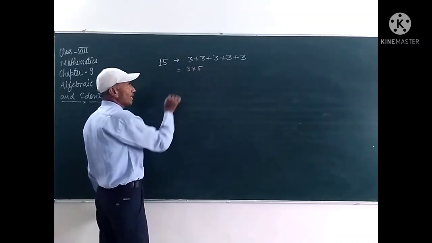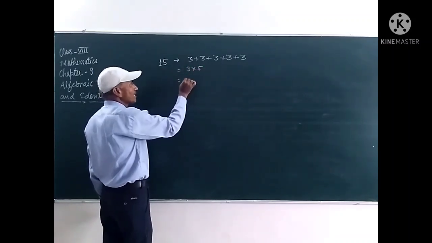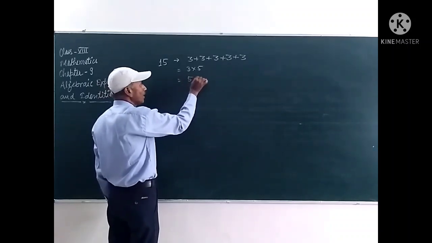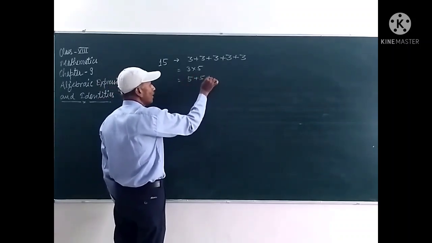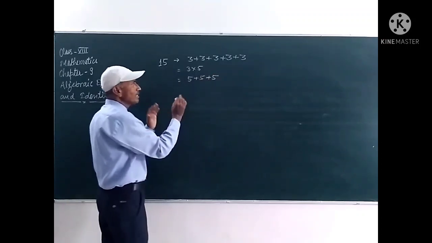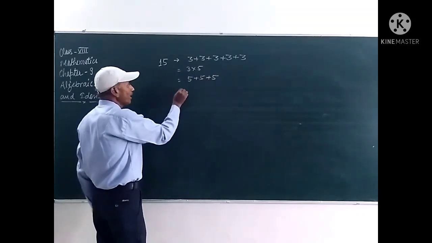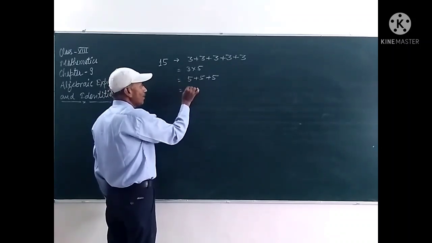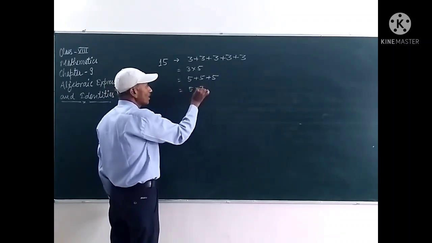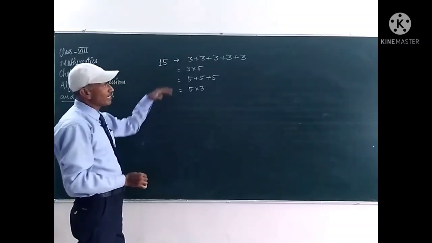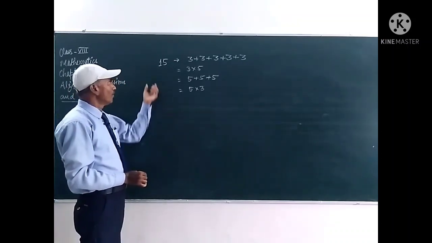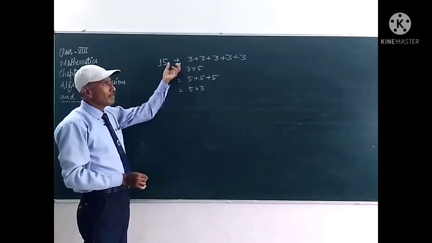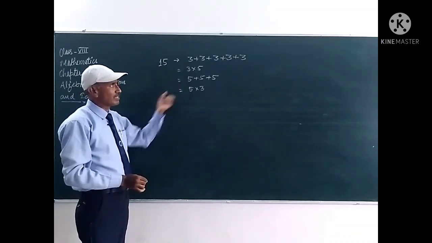It is also 15. Or we can express this number as 5 plus 5 plus 5, which is also 15, and we can express it as 5 into 3. All these are expressions, students. We can express 15 in many ways like this.